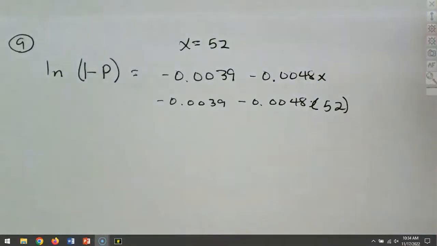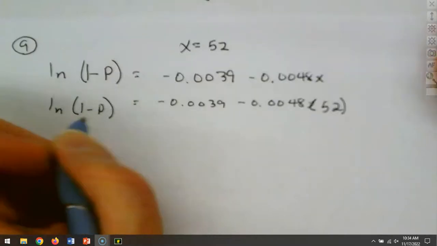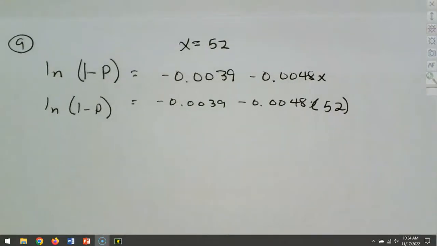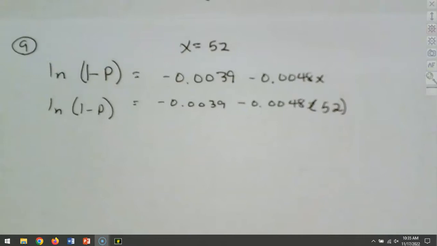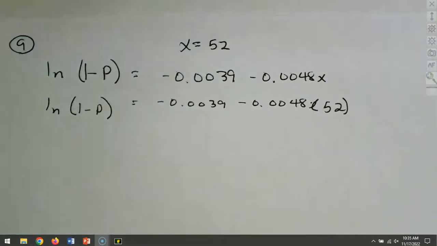We can work this out. Eventually we want the right-hand side to be a number, so we can take an e to get rid of that ln and then move things around and solve for p. That's my goal: to get rid of this ln. But before we can do that, the right-hand side has to be combined together, which we can do pretty quickly.